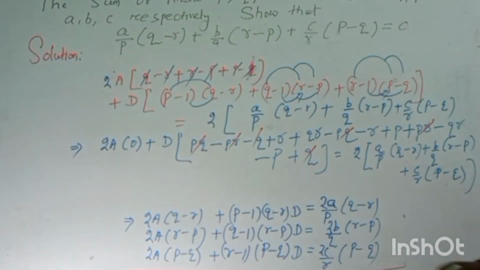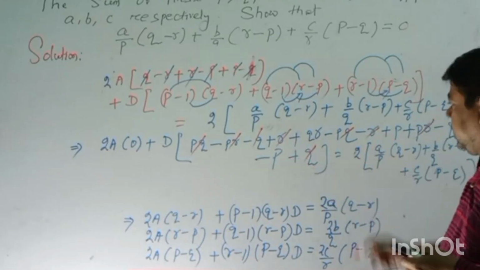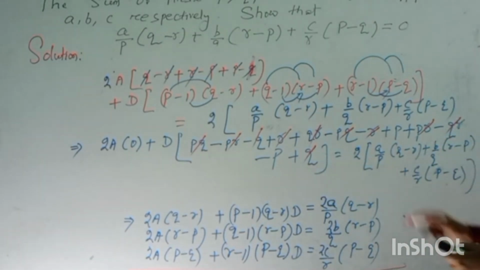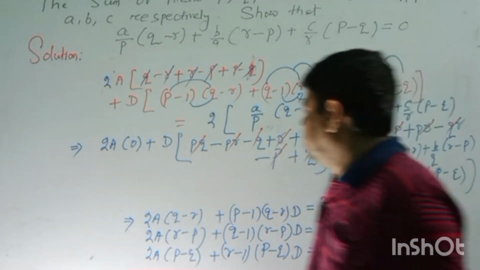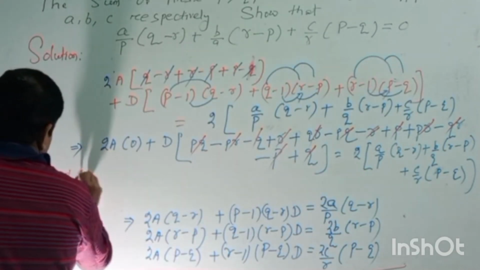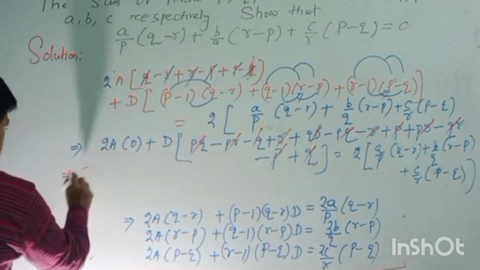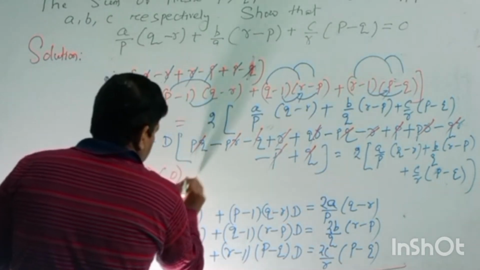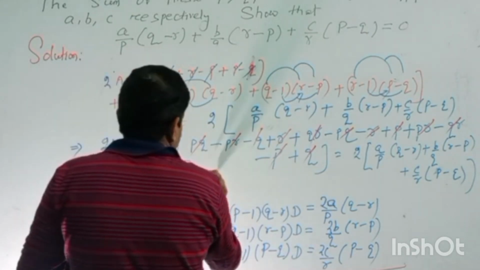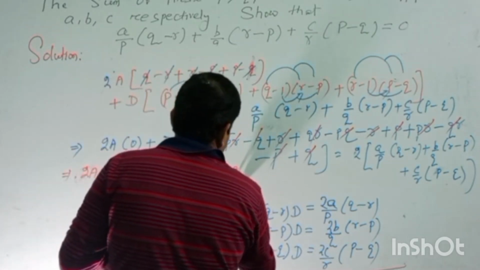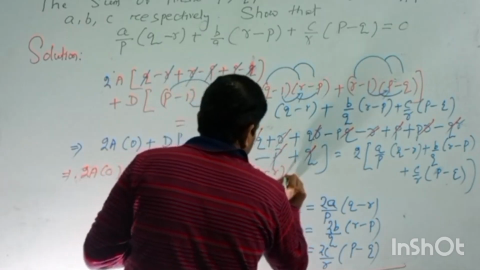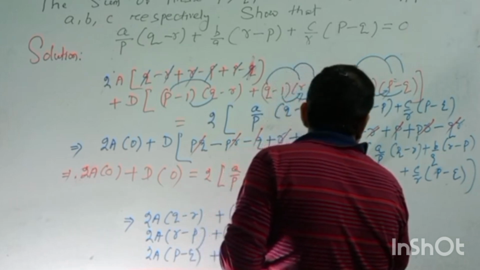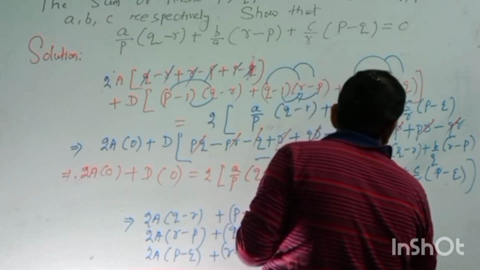Likewise, minus r plus r cancels, plus q and minus q cancel, and plus p minus p cancel. So after cancellation you will get 2a into 0, which is 0, plus d into 0, which is also 0, equal to 2 times a by p times (q − r) plus b by q times (r − p) plus c by r times (p − q).